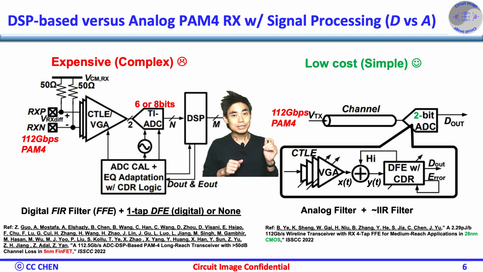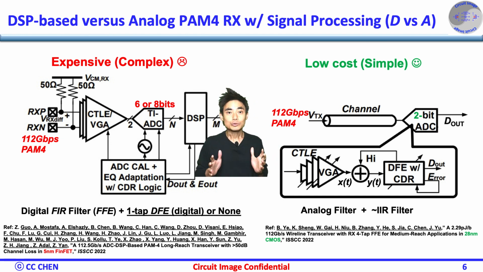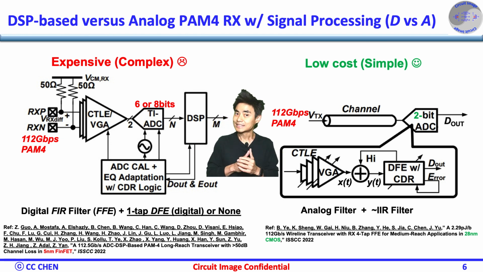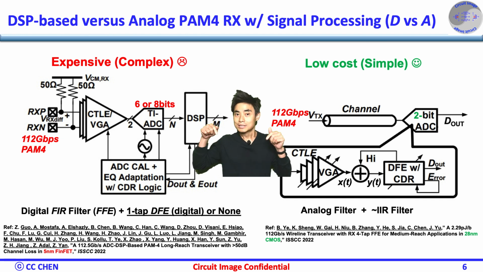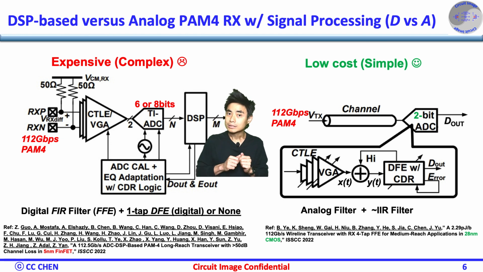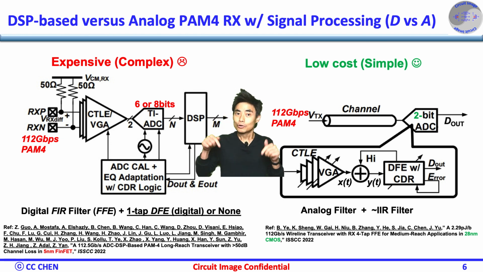Second, we can shorten the time to market effectively owing to the less capacity needed in the analog-based RX. Third, the simplicity of the analog RX can lead to a smaller chip area, lower component count, and potentially lower manufacturing cost.